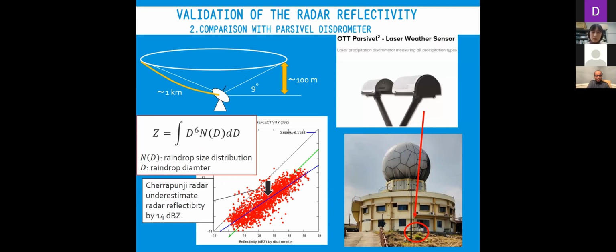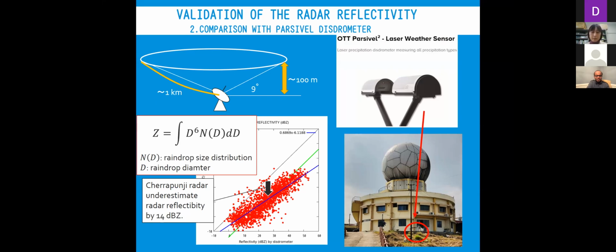And we installed an optical disdrometer beside the Cherrapunji radar, and we have data during the analysis period. The radar reflectivity is the 6th moment of the raindrop size distribution.